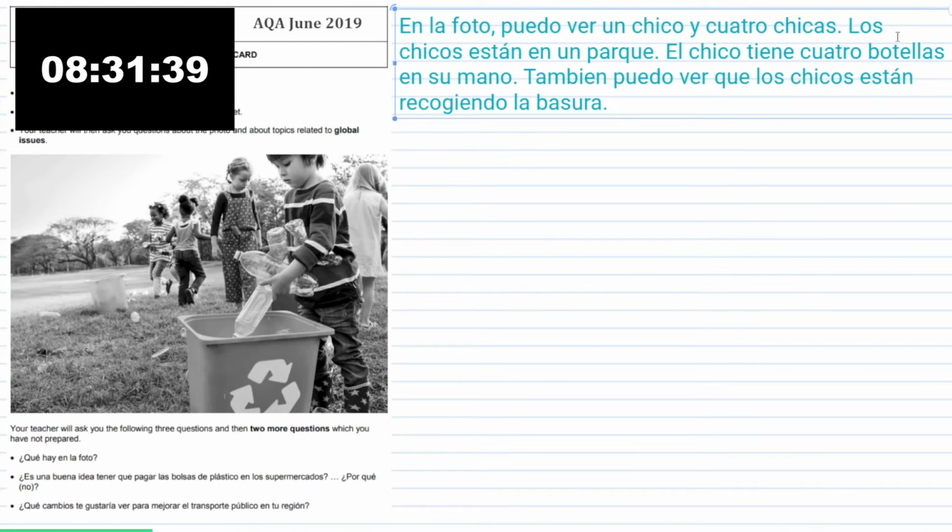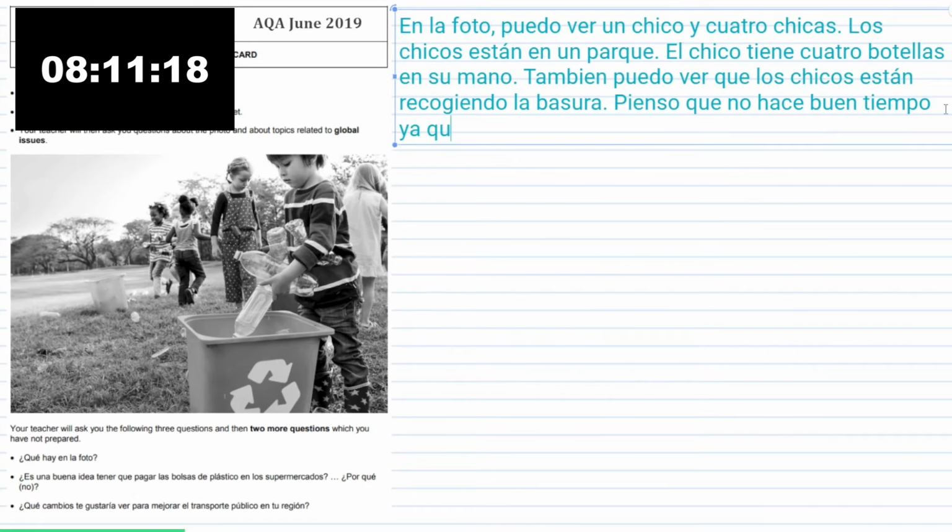Maybe one more sentence about the weather, let's say. So, pienso que, and then is it good weather, bad weather? Maybe it's almost cloudy. So, pienso que no hace buen tiempo. We use hacer for some weather expressions, so no hace buen tiempo.